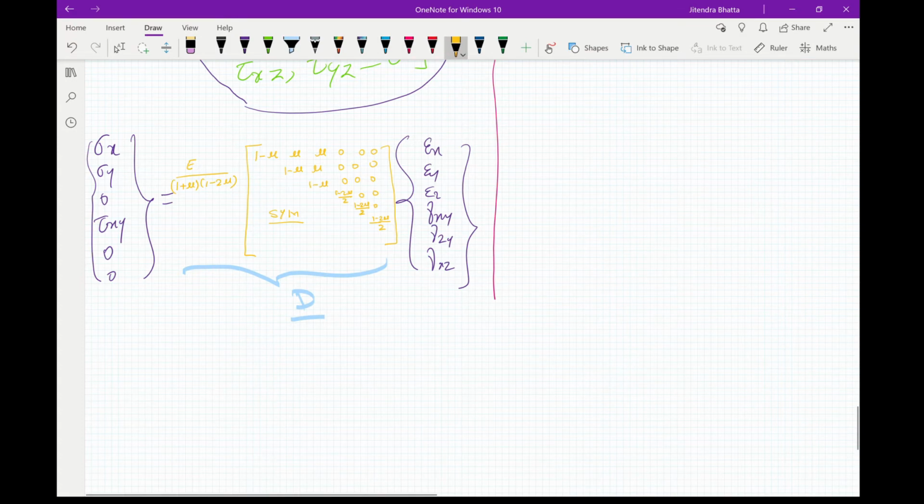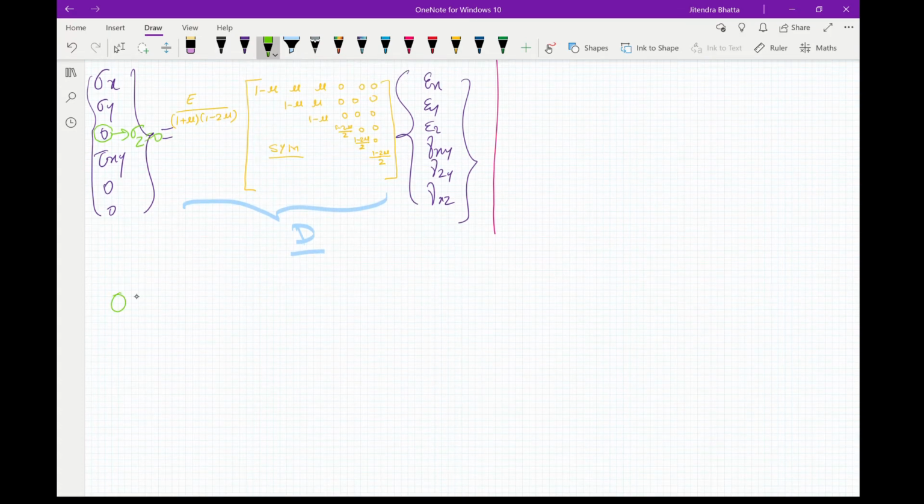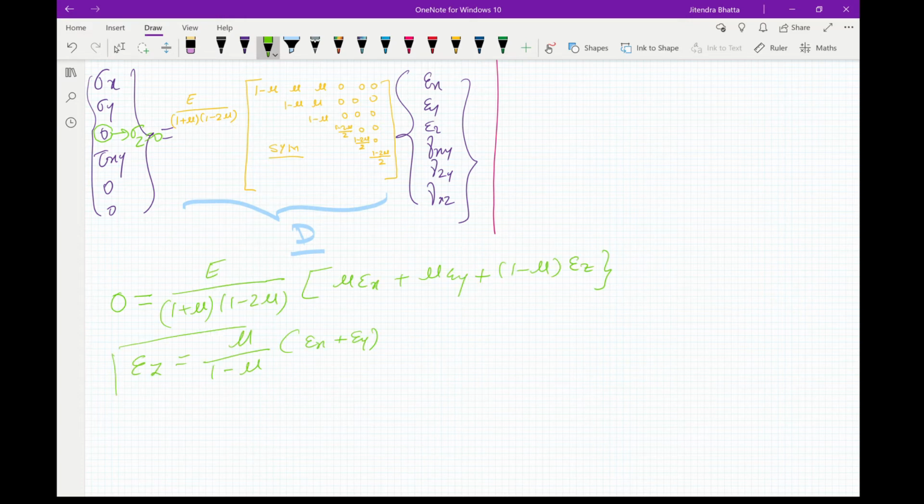Now if we expand the third row, which is sigma z equals 0, and formulate the equation, we can write this, which is interesting because in a 2D element, say the thickness is very small, when you apply forces in this direction and this direction, it will stretch.